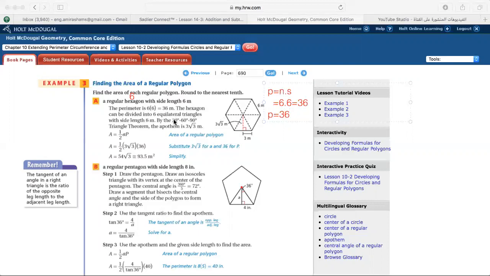According to the 30-60-90 triangle theorem, this theorem you studied in grade 8, let me draw it for you here. Okay, this is of course a right angle.